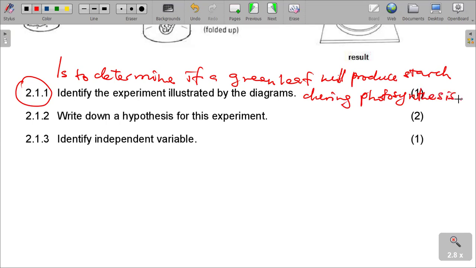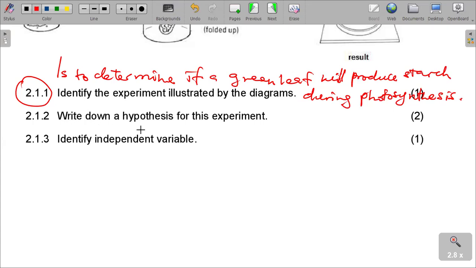That is the experiment to determine if a green leaf will produce starch during photosynthesis.